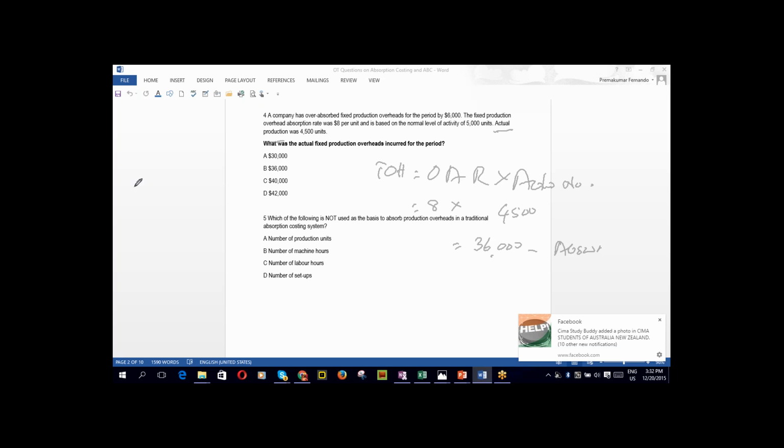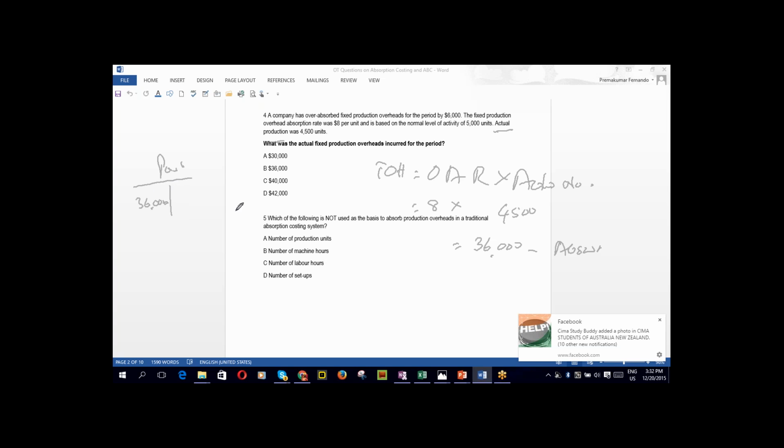So into our production cost ledger, we would have debited 36,000. But when we debit 36,000, what they say is it is more by 6,000. Is it clear now? So 30,000. Now you have to look at it from that angle. When they absorb 36, that means they have over absorbed 6,000 more.